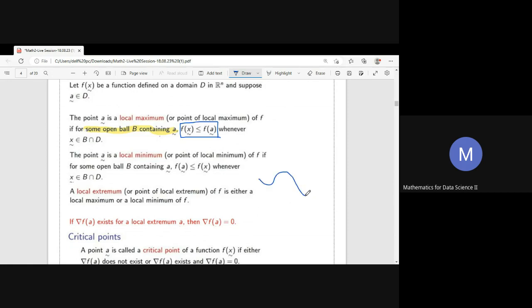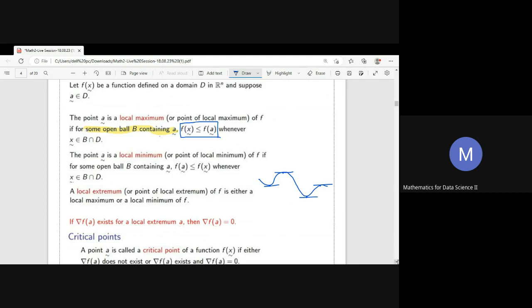For example, if you are having a curve like this, then here you see local minimum, local maximum, local minimum, local maximum, and at all these places the derivative is 0. So the concept similar to derivative here is the gradient. You are considering the gradient to be 0 for the local extrema points.